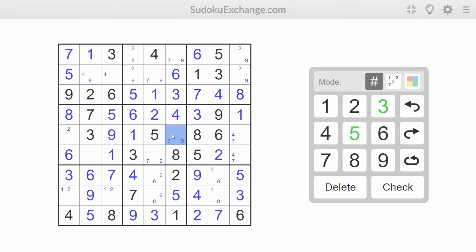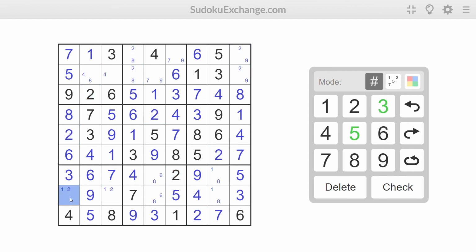This 9 can be eliminated and 7 can be put here and 9 can be put here. Because of this, 7 cannot come here, only 4, leaving us with 7, a 4 here, a 4 here.